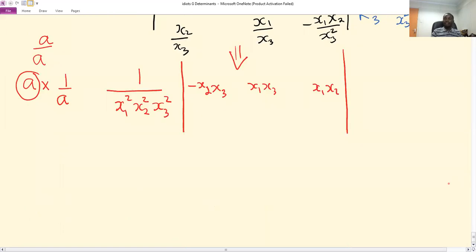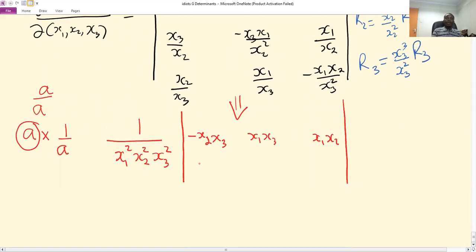And in the second row, I'll have x2, x3 minus x3, x1 or x1, x3. And then this will give me x1, x2, remember I'm multiplying this one by x2. Here, this is multiplied by x3.